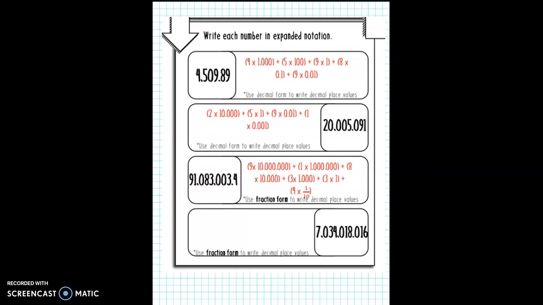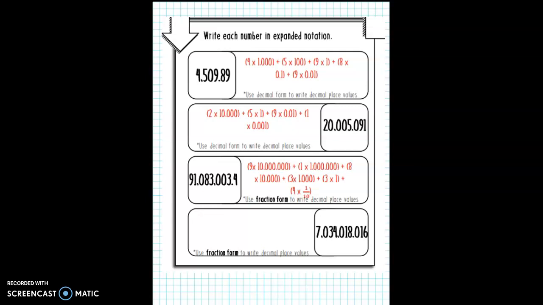The next one, 9 times 10,000, 1 times 1,000, 100,000, sorry. Oh, millions. 8 times 10,000, 3 times 1,000, 3 times 1, and 4 times 1/10. Notice the directions on this one say to use fraction form.